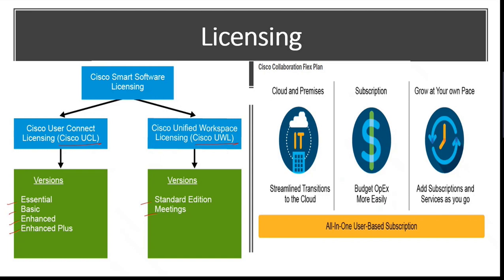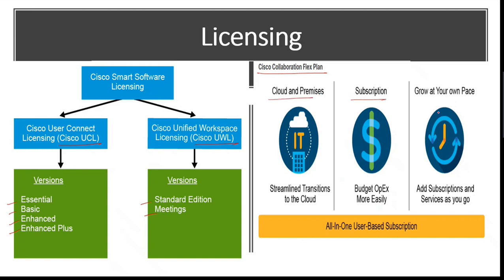Then similarly, there is subscription-based licensing also, which is an all-in-one user-based subscription. Like any subscription you get from cloud service providers, in the same way Cisco provides an all-in-one user-based subscription called Cisco Collaboration Flex Plan, which is used for almost all types of services that are required, cloud and premises.